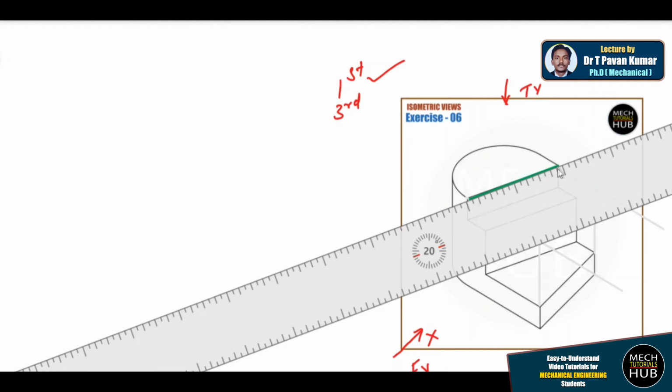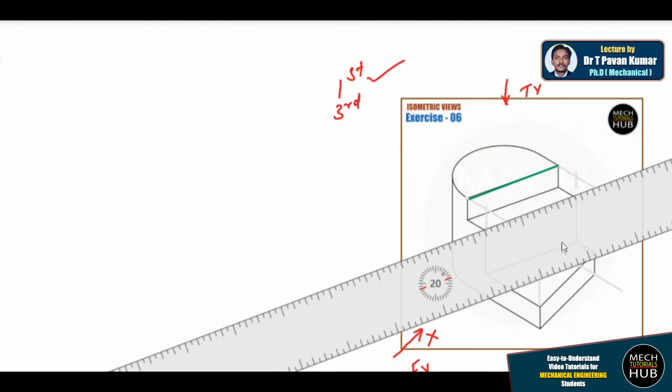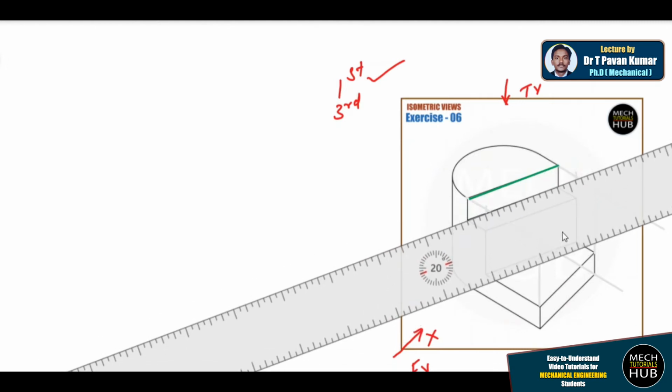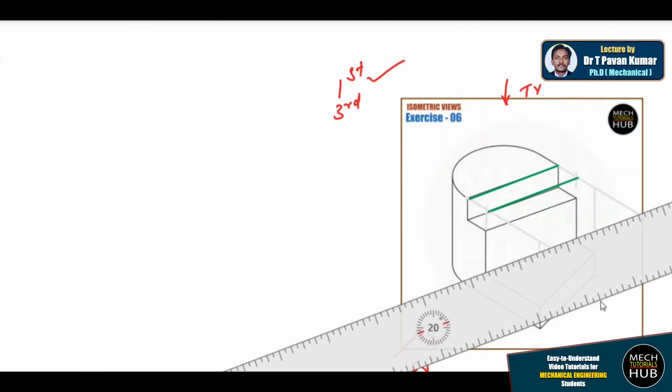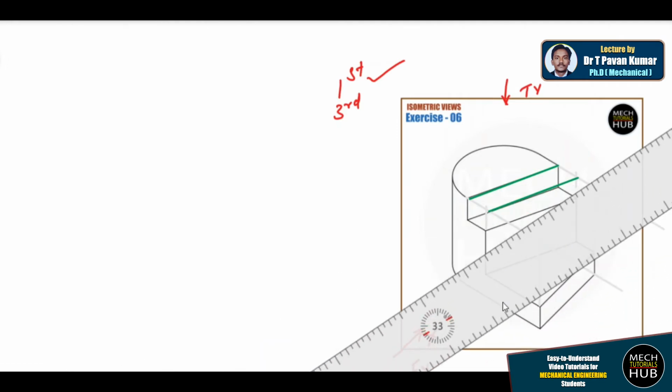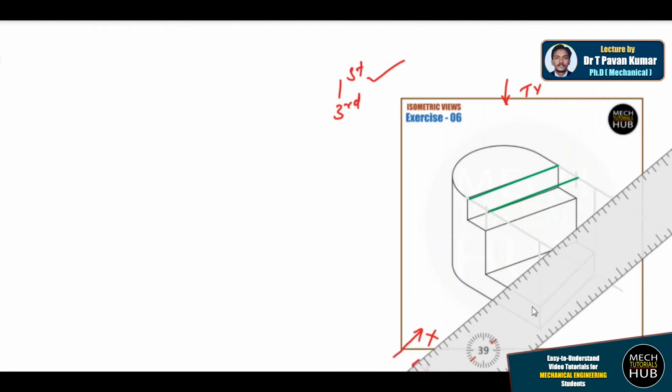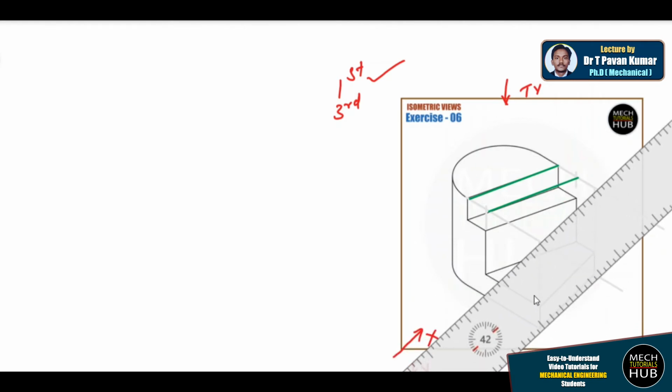This is visible, and these two intersections, these two are visible, followed by rotating the drafter scale in such a way that I can join these two points. This is fine.